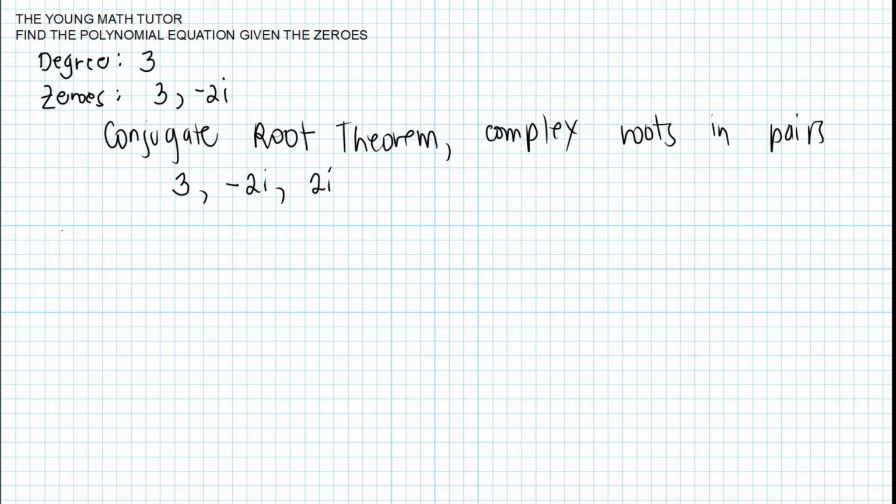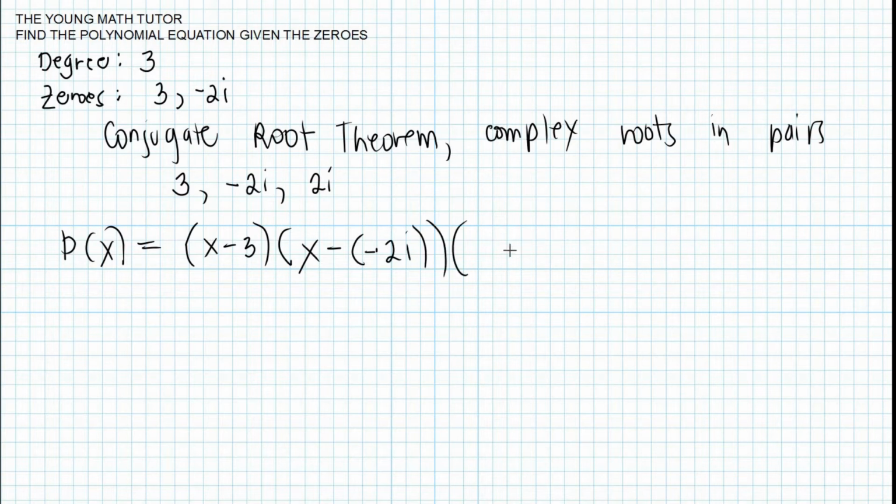Now we'll just do the same thing that we did with the problem earlier. We can just multiply these in factored form. So that's x minus 3, x minus -2i, x minus 2i. So the second term will be x minus 3, and then that becomes x plus 2i, then x minus 2i.